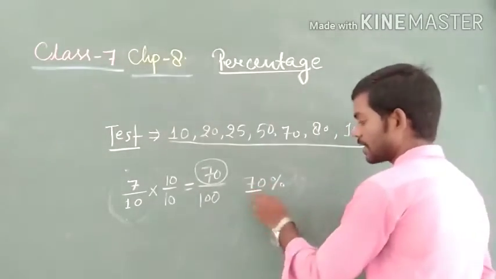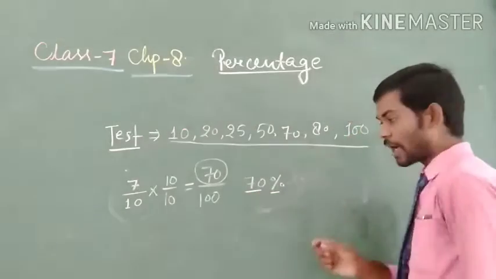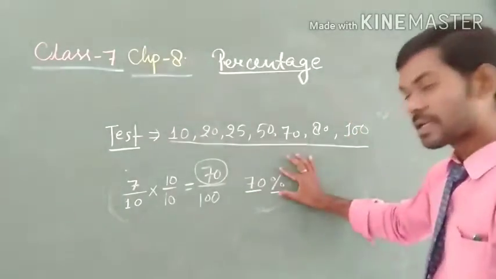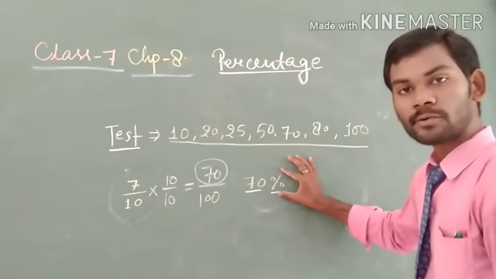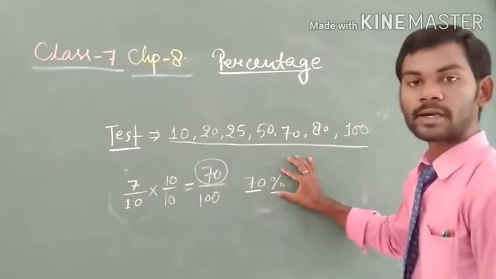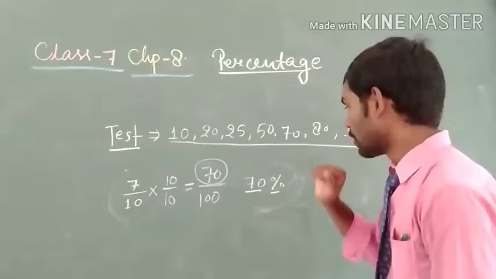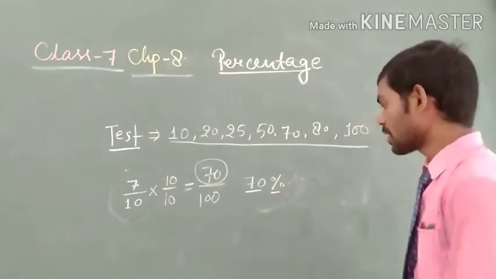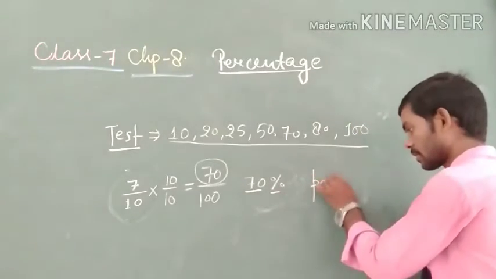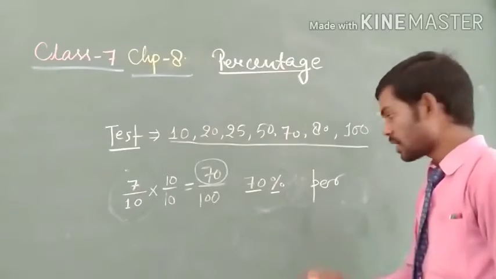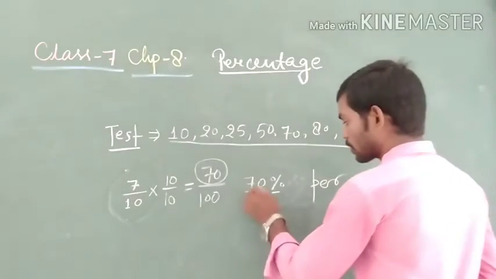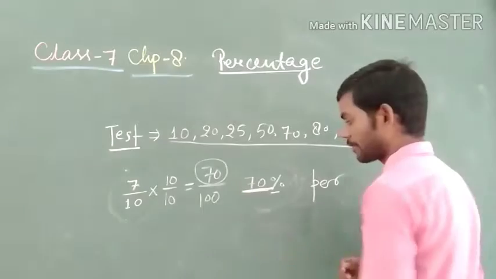Now let us see what the meaning of percent is. Here I write 70%. I would like to change this symbol into words or numbers. For this we write the meaning of per. The meaning of per is out of, so I write out of.